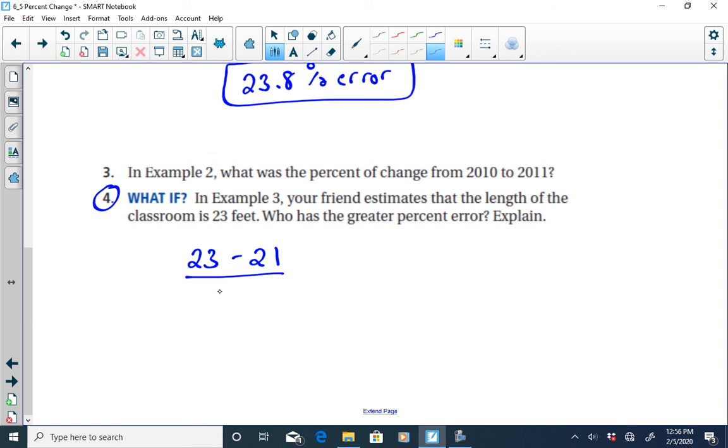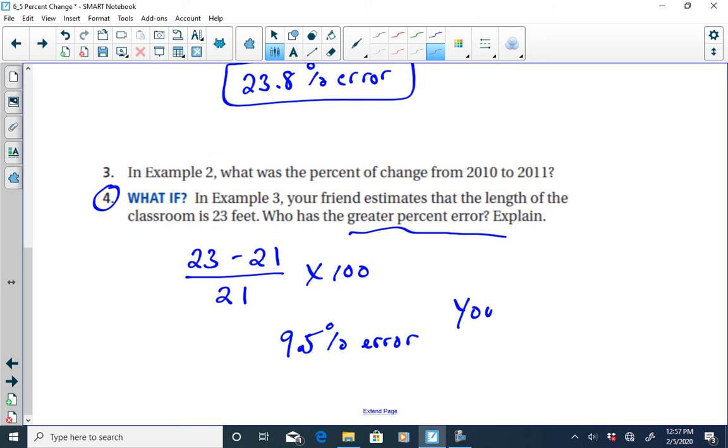All right, we know the actual amount is 21, and then we're going to multiply by 100. So that's going to be 2 divided by 21 times 100, and that's going to give us a 9.5% error.